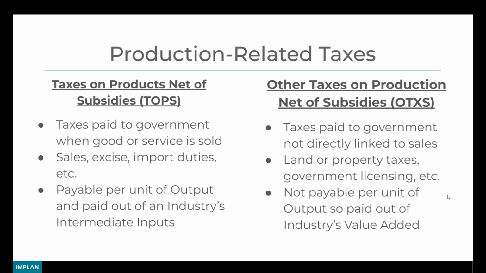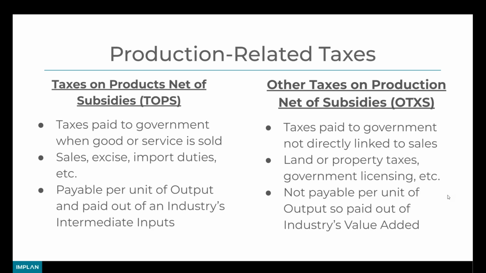Since these taxes are not payable per unit of output, they cannot be deducted from the price, and therefore they're recorded as payable out of the producer's value added. This differs from the US-based products that report these two together as taxes on production and imports, or TOPI. This is a value that is also net of subsidies.